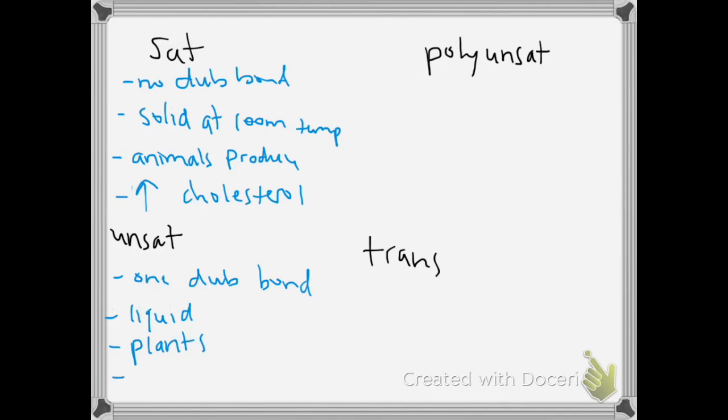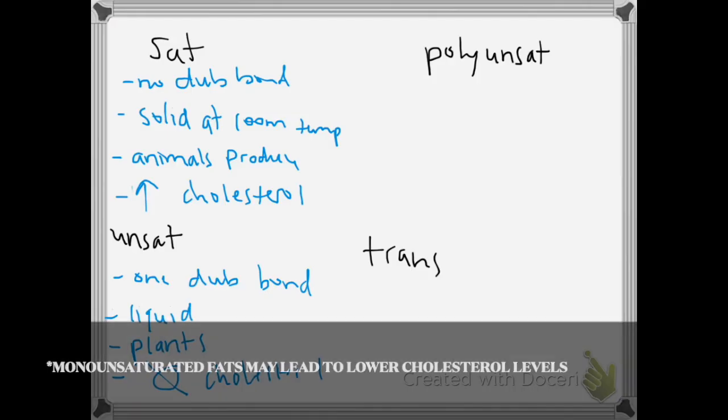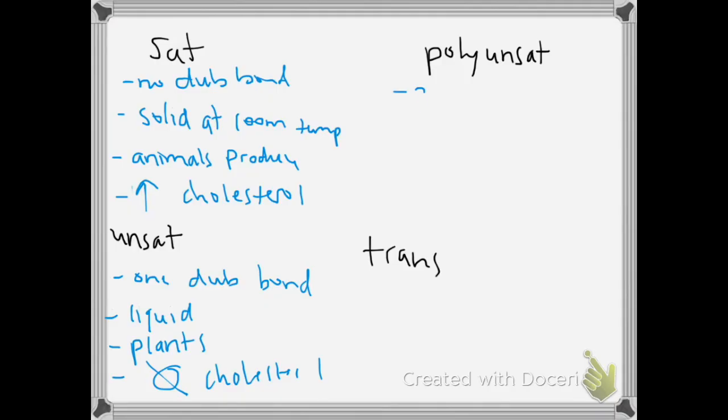And they are going to have no effect on cholesterol. Let's go to poly. Poly is going to be 2 or more double bonds. And as you can see, I did it in this order so that you could see the progression. We have no double bond, we have 1 double bond, now we have 2 or more.